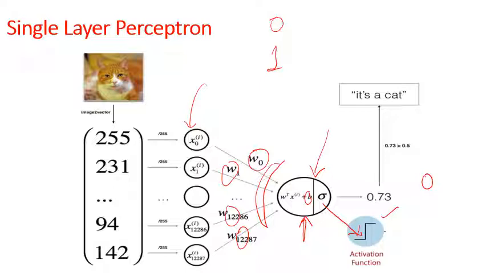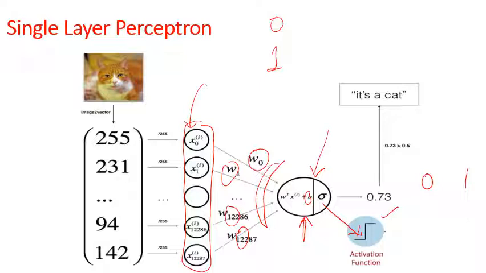Now the moment I feed some image which belongs to a cat, I am expecting 0 here, and let's say the value that I am getting here is 1, right? So it means I have some error here, because I was expecting 0, but my model is predicting 1.